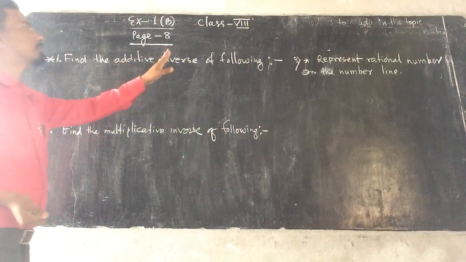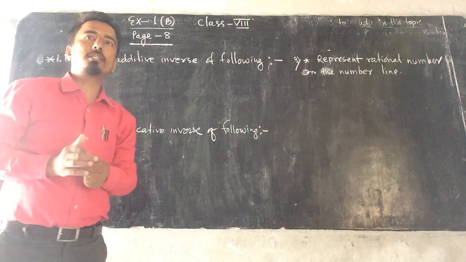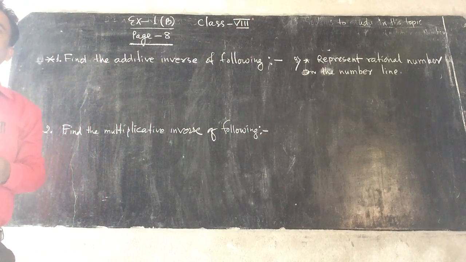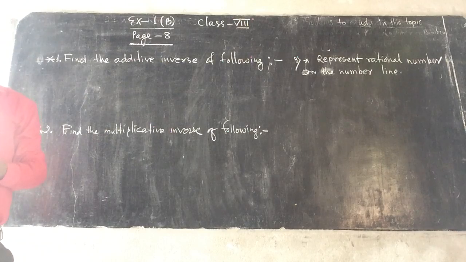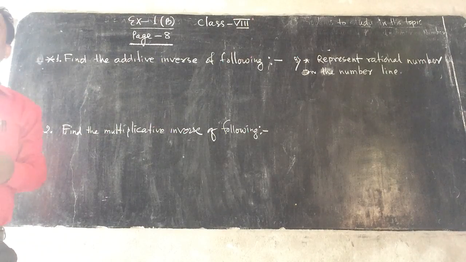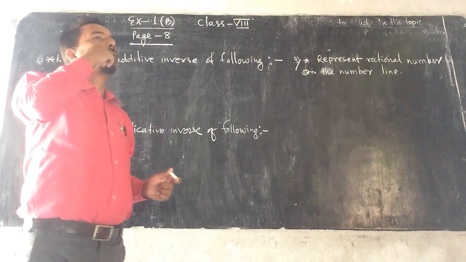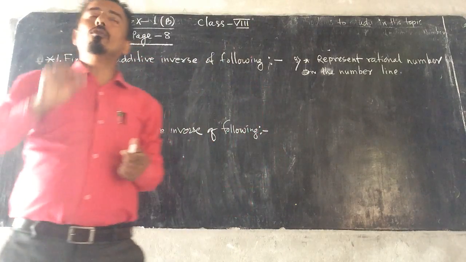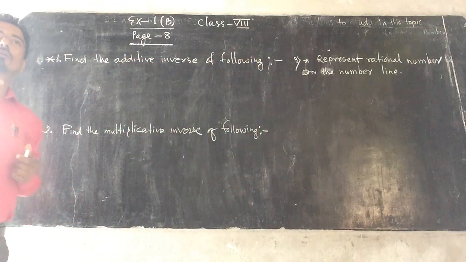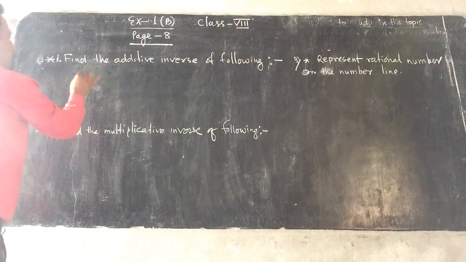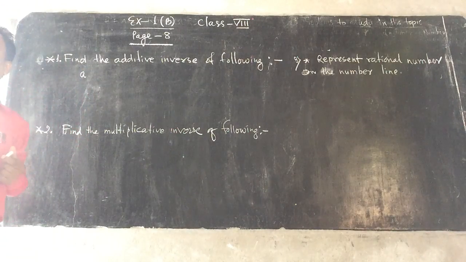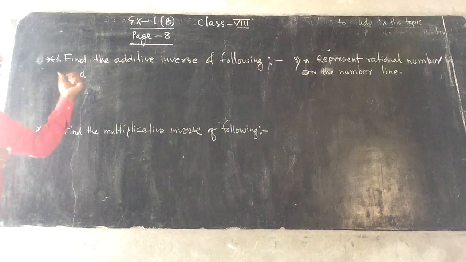Find the additive inverse of the following. First of all, you have to understand what we mean by additive inverse. Like you see here, what is this? A. What is the additive inverse of A?